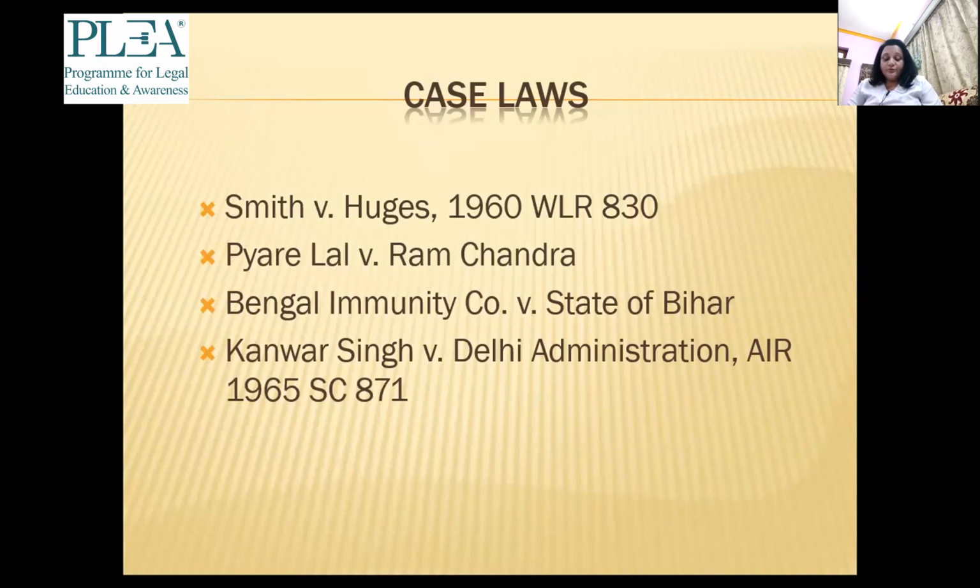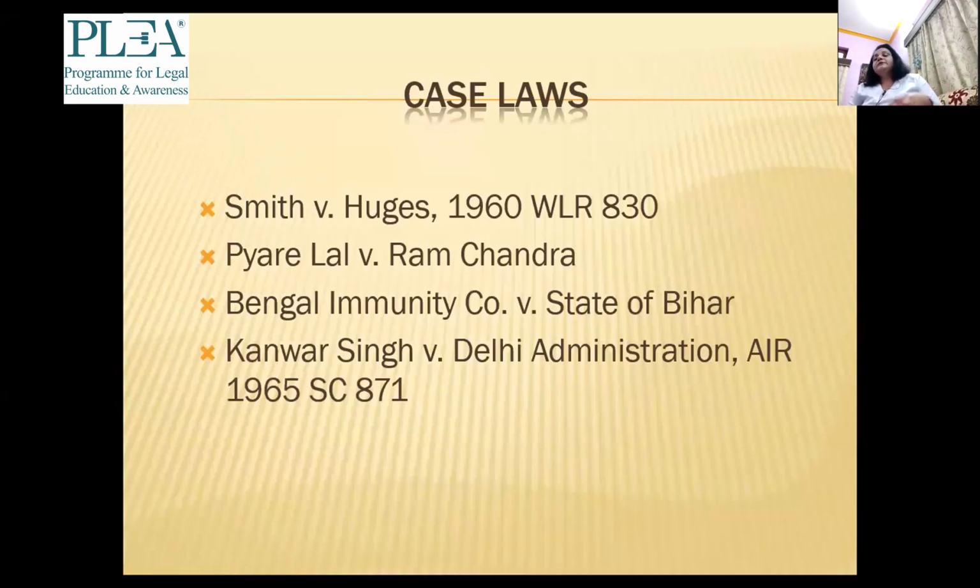Another case on the point is Kanwar Singh versus Delhi Administration, a case of 1965. Again, in this case, the Delhi Corporation Act was passed, in which it was laid down that any cattle found roaming here and there will be considered abandoned. Abandoned means they don't have any owner; they are ownerless.